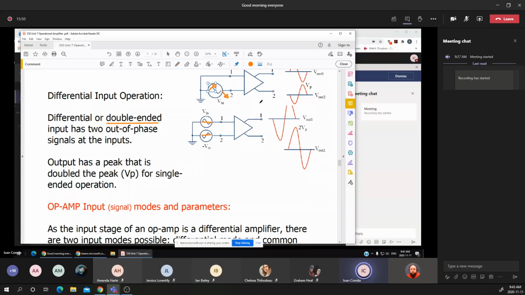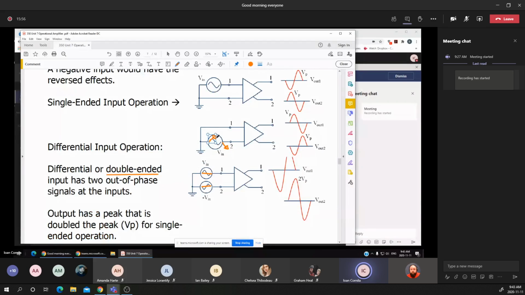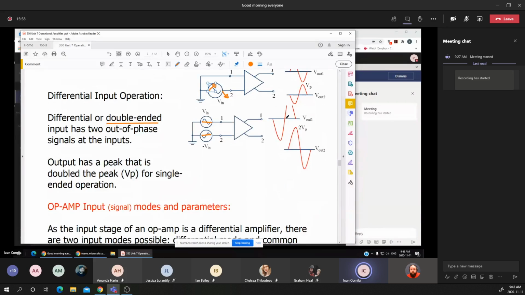Suppose that I'm making the assumption that the amplitude stays the same as in the first two examples. The output 1 of the differential amplifier will be the difference between the input 1 and the input 2. Means that as an amplitude, I'm looking for twice the peak voltage.